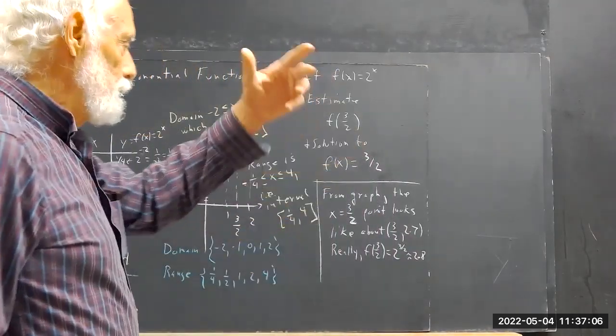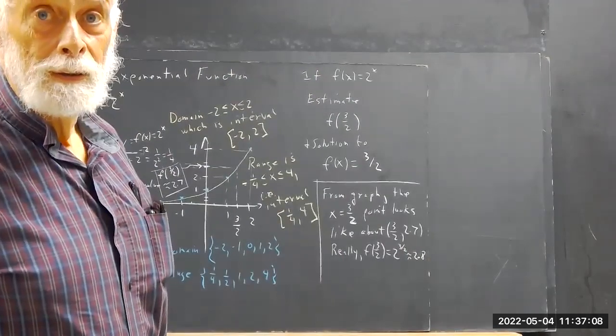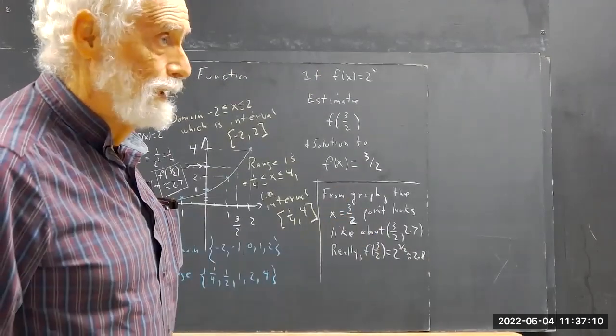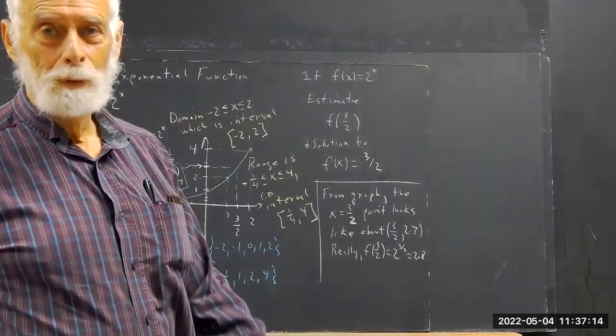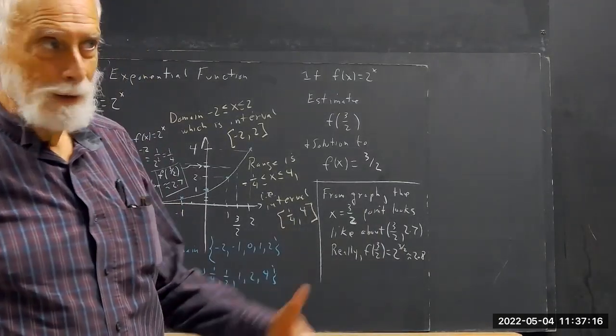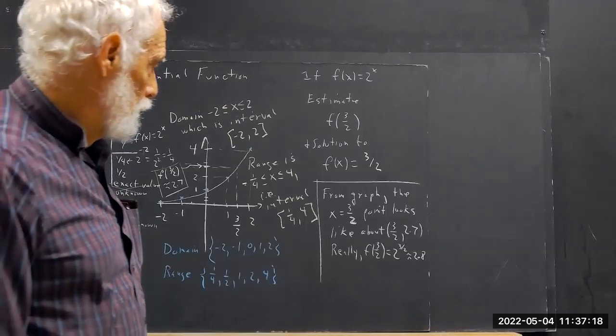Well, I don't have room to write out 2.828, and that's just another one of those things I can't forget. Square root of 2 is 1.414. Double that, you get 2.828.